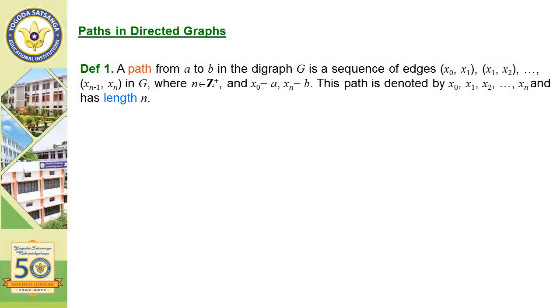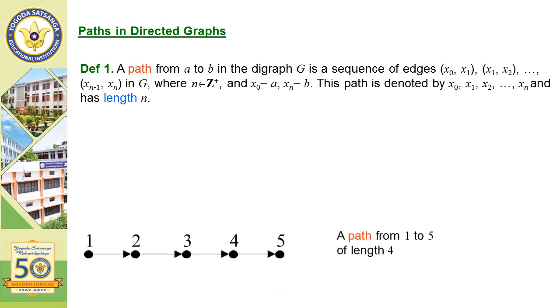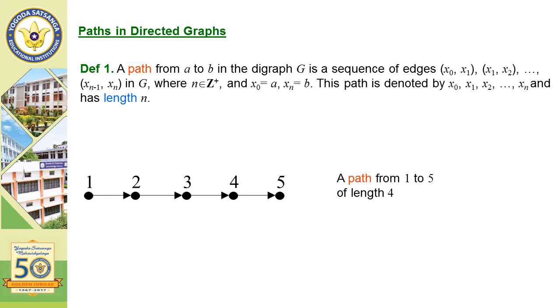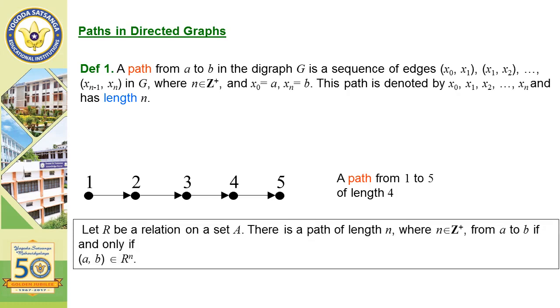Path in a directed graph. A path from A to B in the graph G is a sequence of edges x0, x1, x2, up to xn, and has length n. Here there are 5 nodes and the path has length 4. Definition: let R be a relation on set A. There is a path of length n, where n is an integer, from A to B if and only if (A, B) belongs to R to the power n.